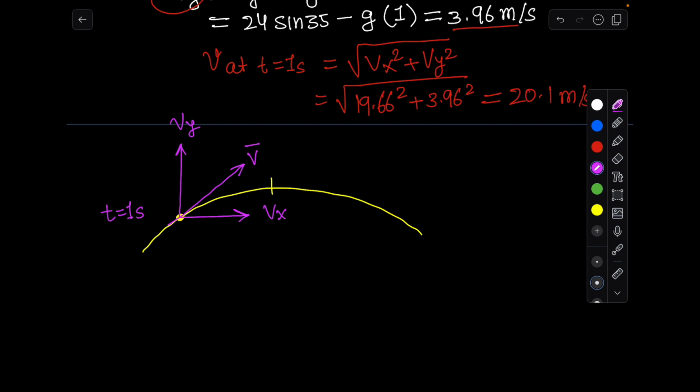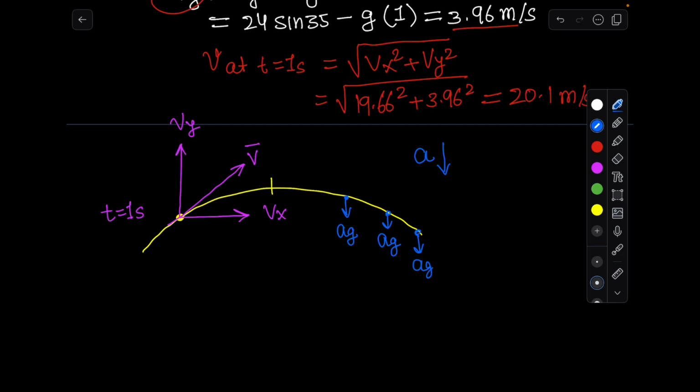So for finding acceleration we need certain information from this diagram. At the start of this problem I said the total acceleration is always working in the downward direction at any point. So this total acceleration is equal to gravitational acceleration at any point.